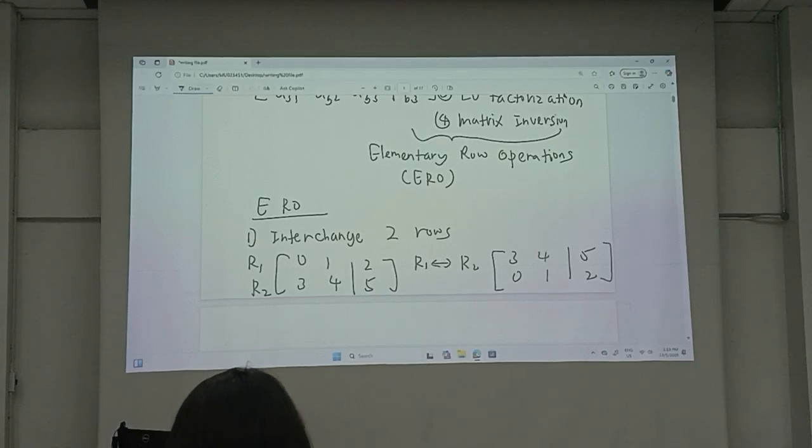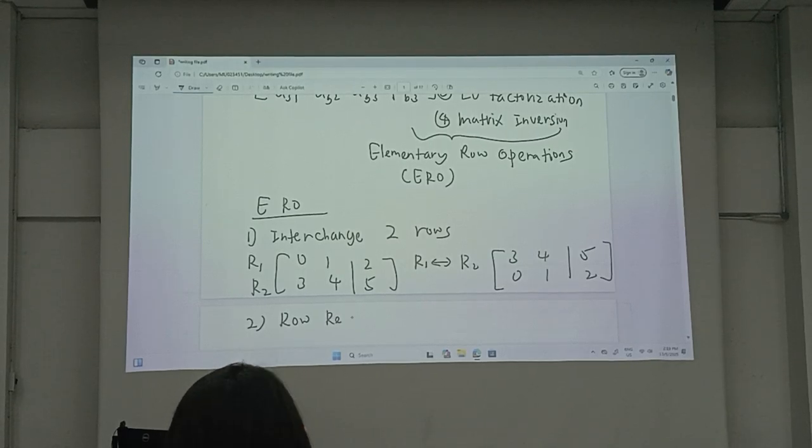Interchange two rows. And then the second one is row reduction, which is the addition of two rows.